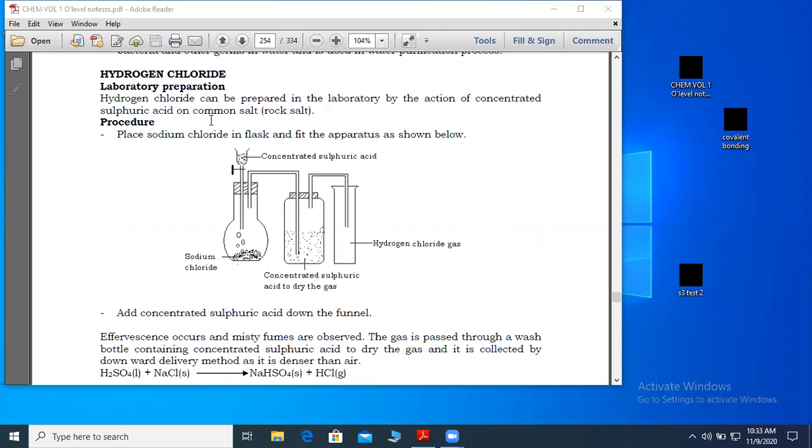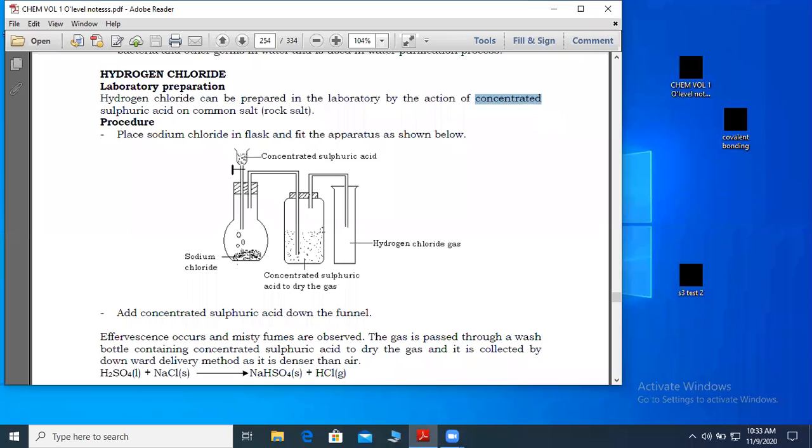In the laboratory, we prepare hydrogen chloride gas by using sodium chloride and concentrated sulfuric acid. So if you have a notebook there, you can note it somewhere that hydrogen chloride is prepared in the laboratory by using concentrated sulfuric acid.